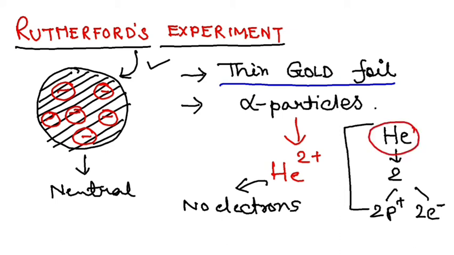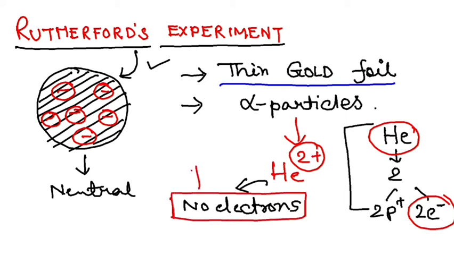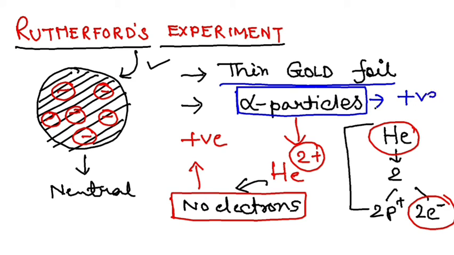Helium has 2 electrons, but when we write 2 plus, it has no electrons. It has no electrons means what? It is entirely positive. Right? In a sense, what I'm trying to say is that alpha particle is nothing but a positive particle.